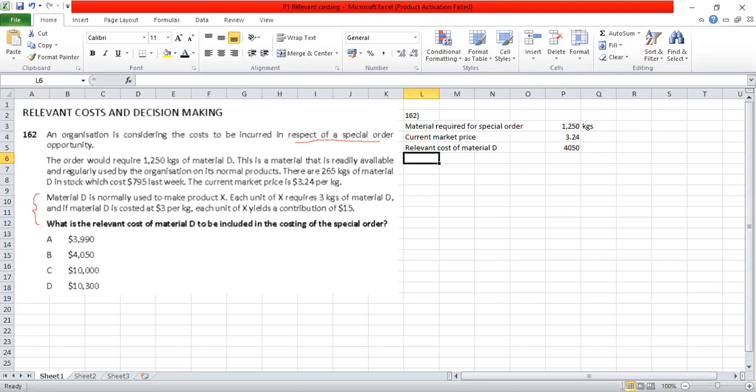No, ma'am. The question says that the special order requires 1,250 kgs, but they already have 265 kgs of material D in stock. But do we adjust the 265 in that 1,250, or will relevant cost be calculated on the new one?